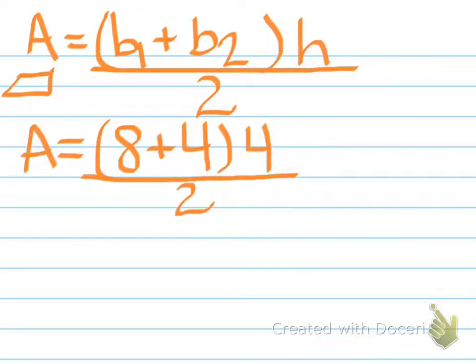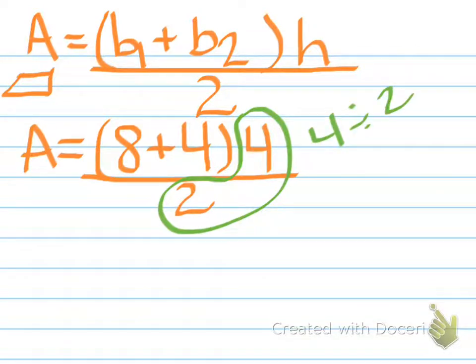Now, there's some tricks along the way that we've learned, and I want to show you another color here. Some of you have picked up on the fact that there are some easy numbers on the top there. So I can go ahead and take care of 4 divided by 2 and make this a little bit simpler.